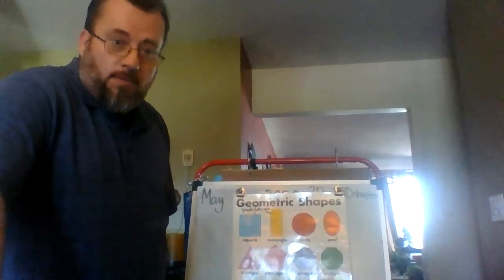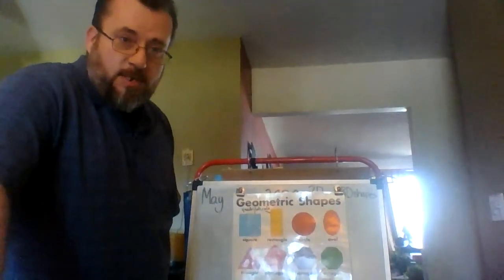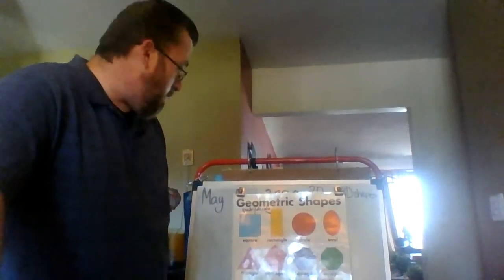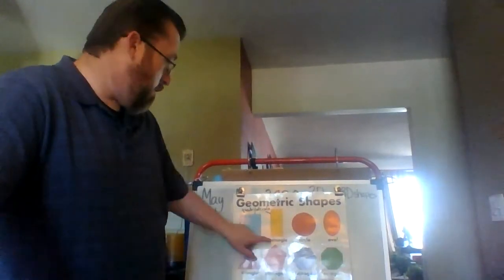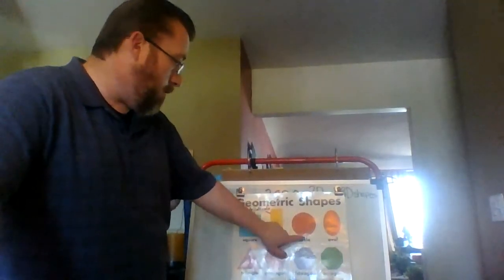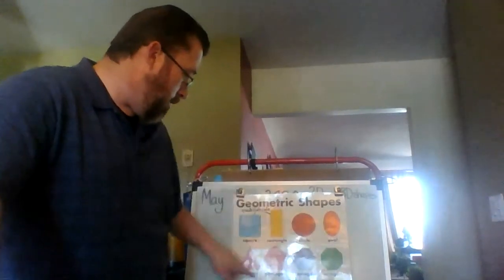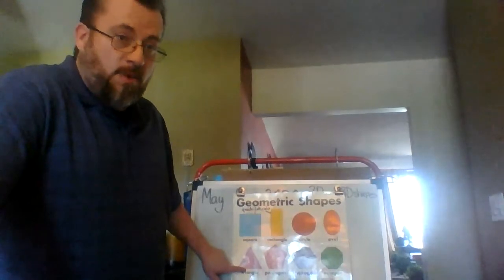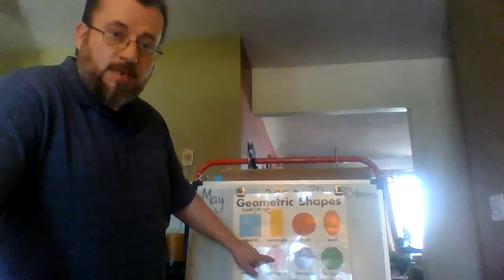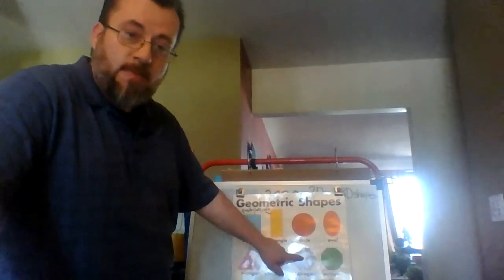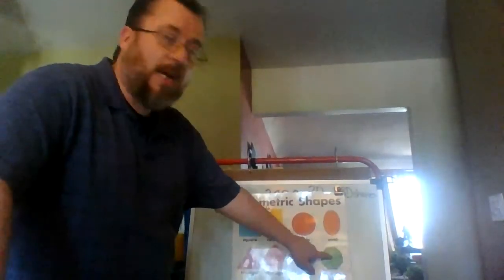These are the ones that hopefully your kindergarten and first grade teachers already went over with you in math. Shapes like a square, a rectangle, circle, oval, triangle. And then some of the more fancy ones, the ones with many more sides, a five-sided shape like a pentagon, a six-sided shape like a hexagon, or an eight-sided shape like an octagon.